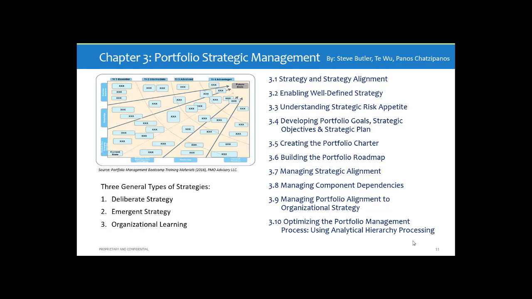Develop portfolio goals, strategic objective, strategic plan, creating the portfolio charter, the roadmap, and then in the execution, the constant optimization, managing strategic alignment, managing component dependencies, managing portfolio alignment to the organization strategy, and finally, optimizing the portfolio management process. In particular, we focus on a tool called the AHP, Analytical Hierarchy Processing.